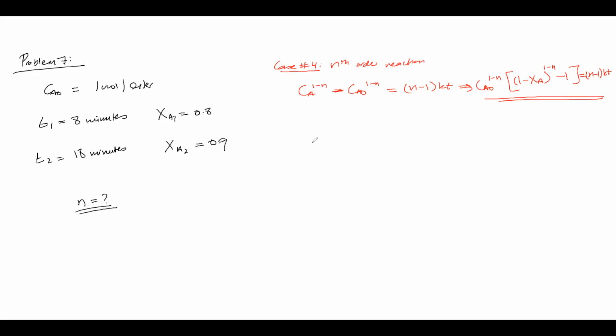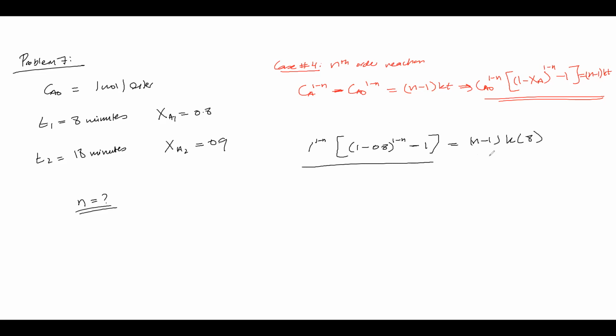So I'm going to get 1 to the 1 minus n, and again this is 1, right, into 1 minus Xa. Or let's plug in numbers in this case. The initial X is 0.8, so 1 minus 0.8 to the power 1 minus n, minus 1, is equal to (n minus 1) k, and my first time is 8.